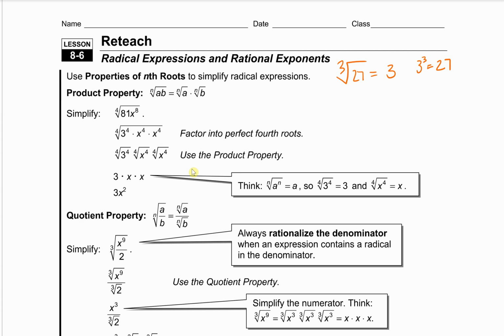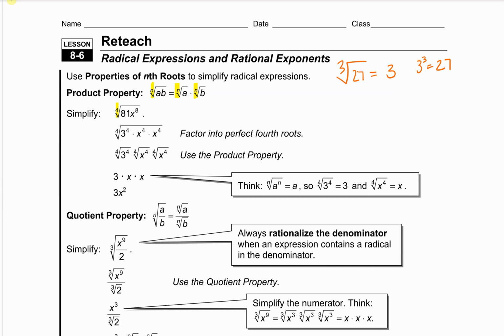This little number up here inside the radical, the n that we have here, is called an index. The index tells you what type of root we're looking for. So in this example, we are looking for the fourth root of what's inside the radicand.